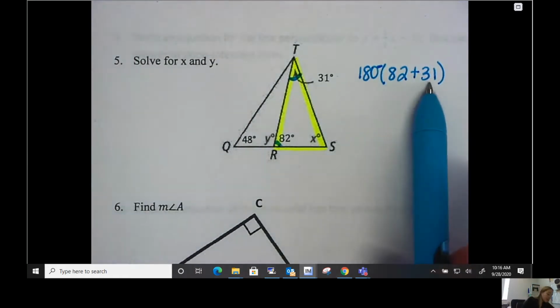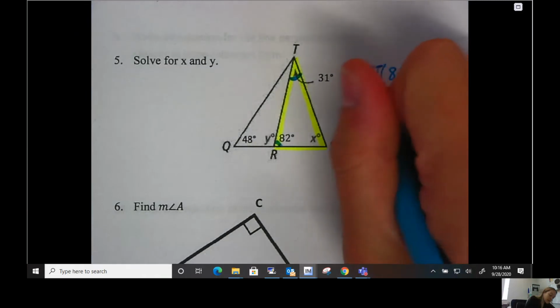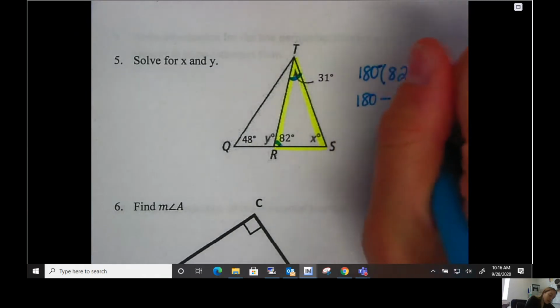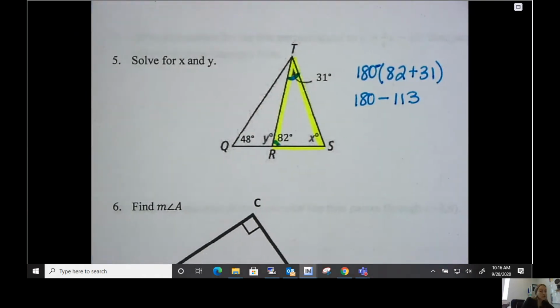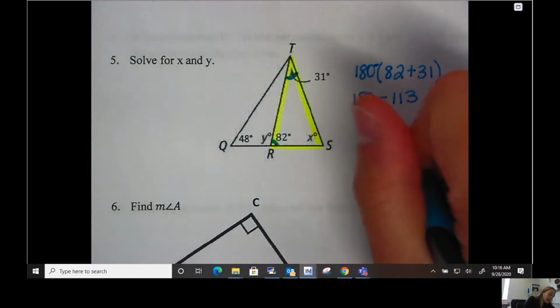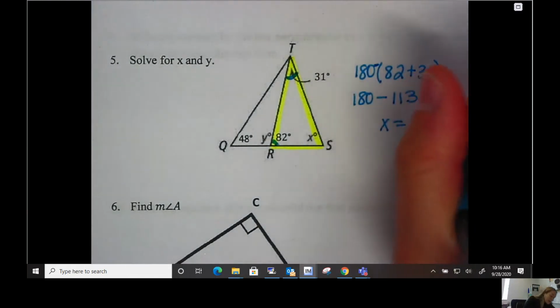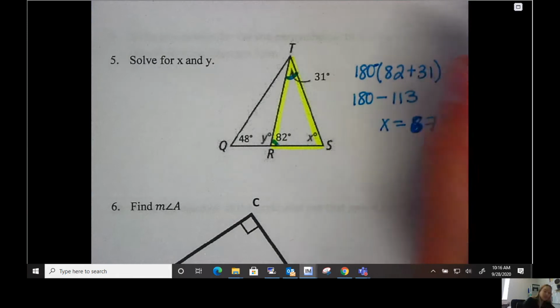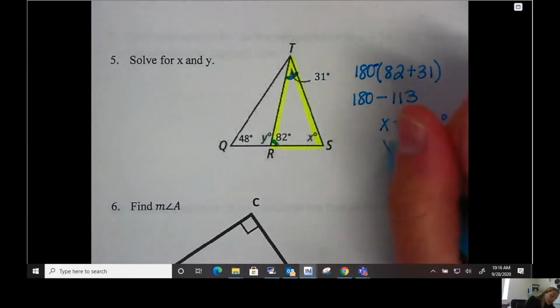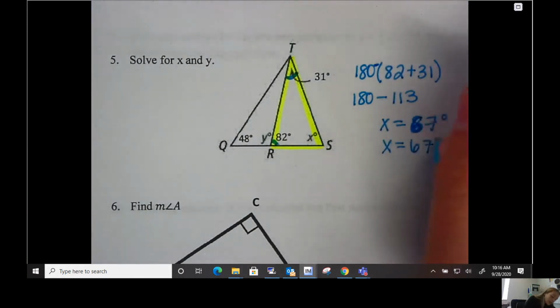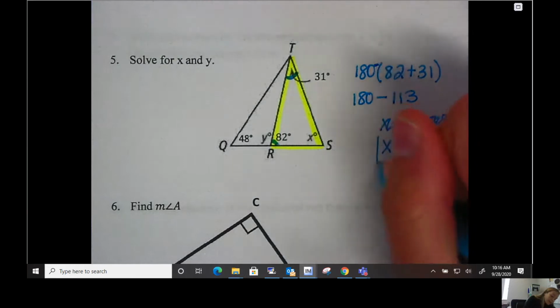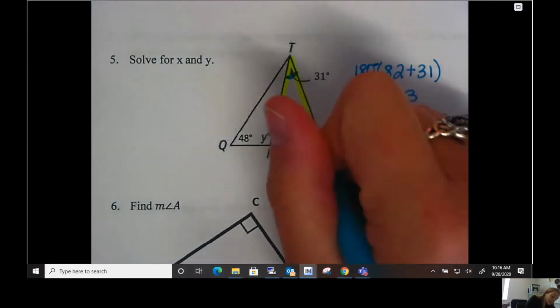So if I add 82 and 31, I get 113. And if I subtract 113 from 180, I get 67 degrees. So my x value, let me rewrite that, is 67 degrees.